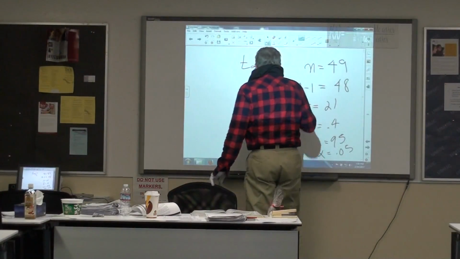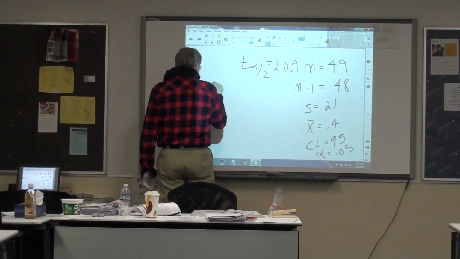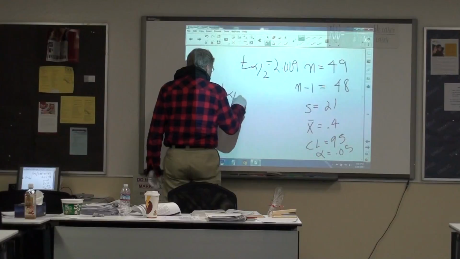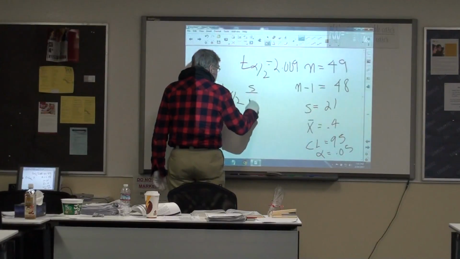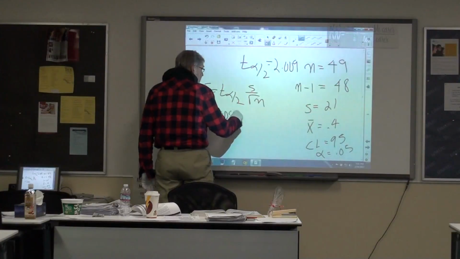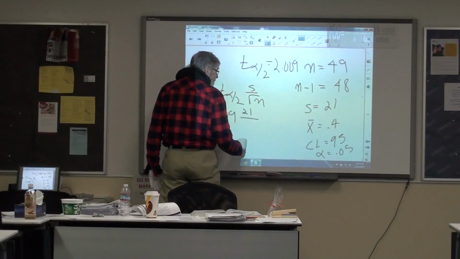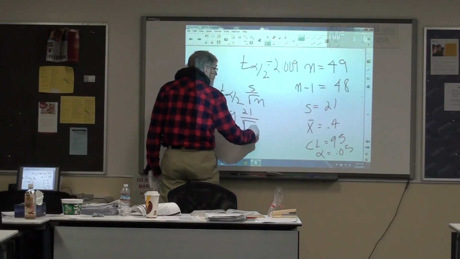First we write the formula you're going to use. E equals t alpha over 2, s over the square root of n. So E is equal to 2.009 times 21 over the square root of 49.